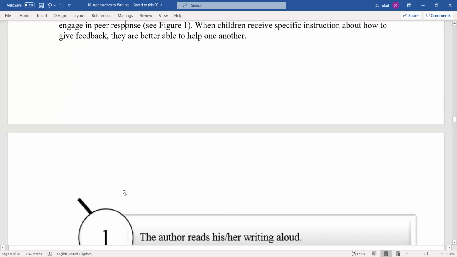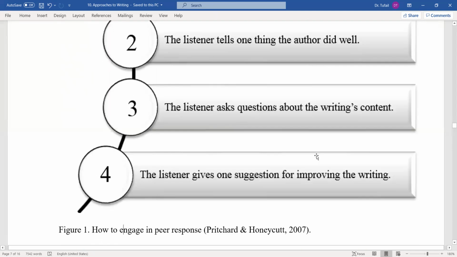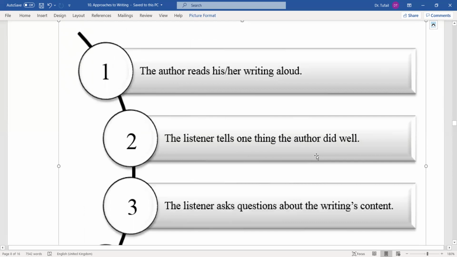So you must teach students that the author reads his or her writing aloud, and the listener tells one thing the author did well.